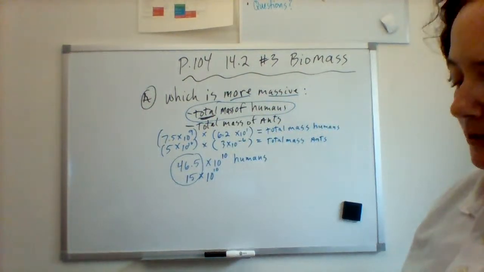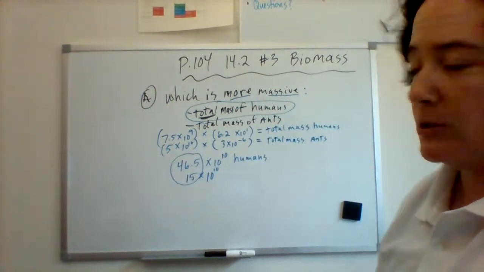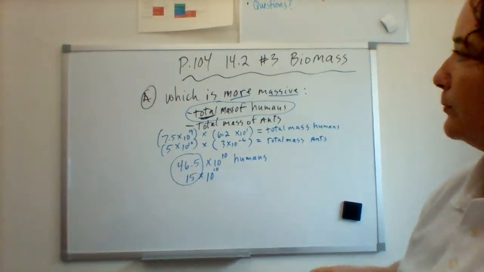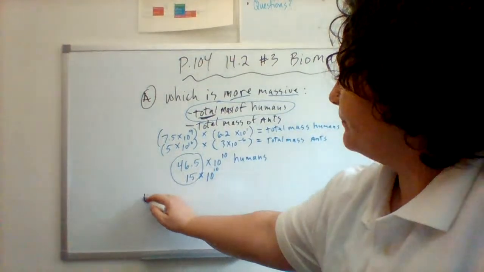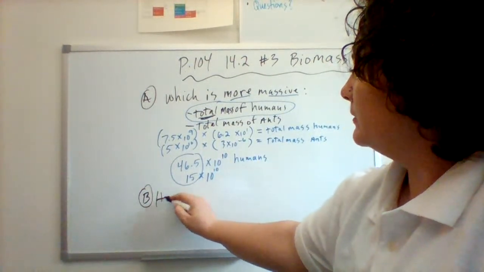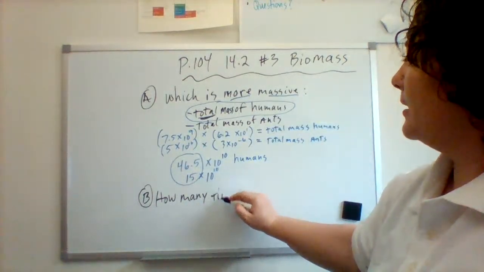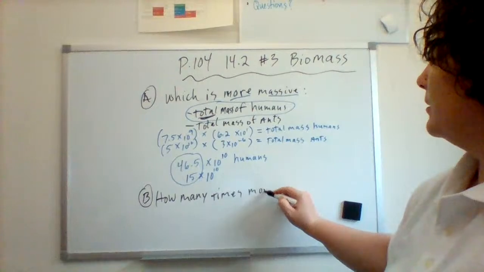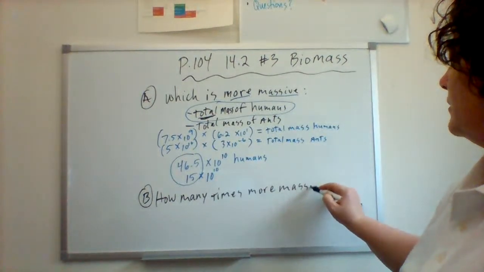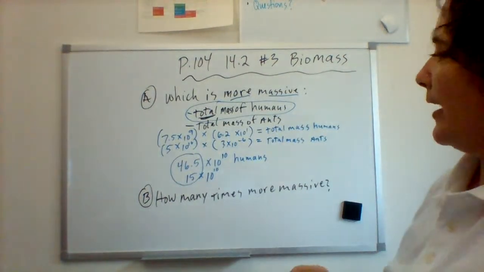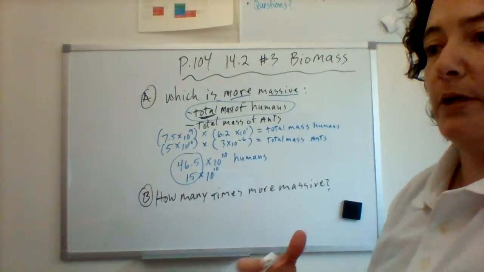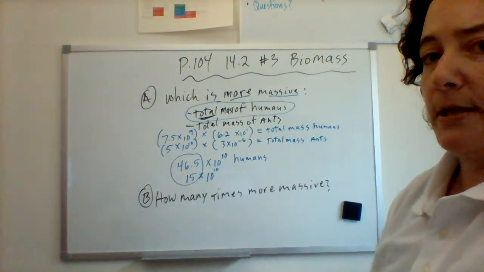And now it's time for us to ask how many more times larger. So let's put that question back up there. How many times more massive? All right, now this is the sentence that we're going to use as an answer statement.